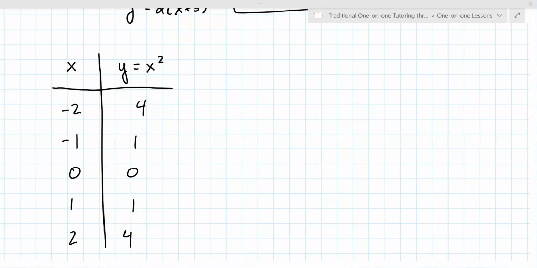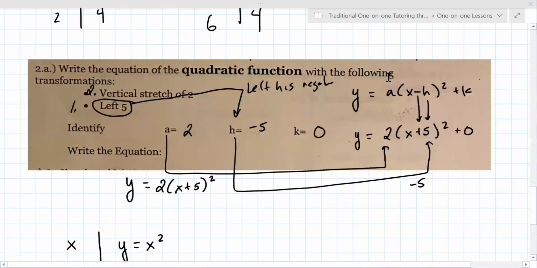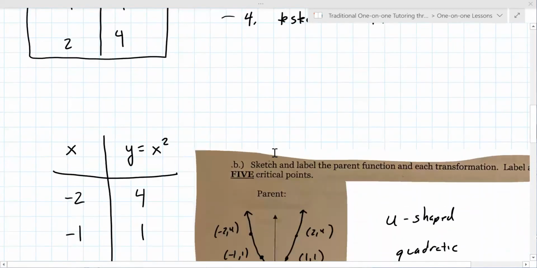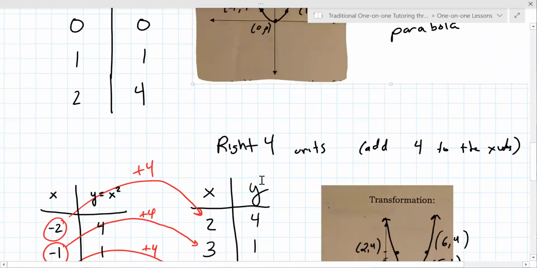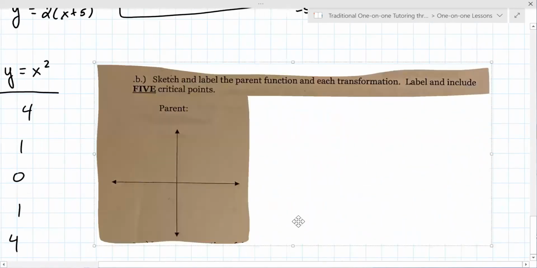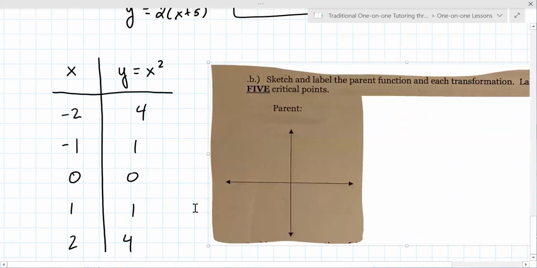So the next thing we're going to do here is part B. Believe it or not, it's actually the same sketch that we did for the previous one. 0, 0, 1, 1, 2, 4.